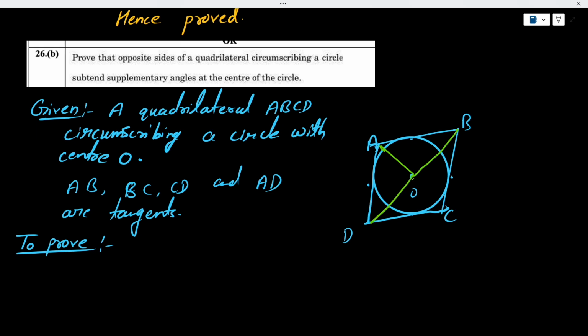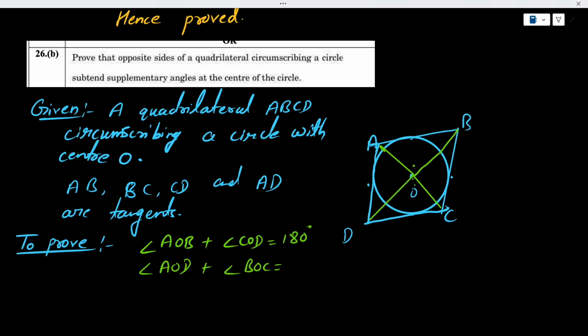Similarly, O to D if I take it here, and O to C if I take it right here. So this angle and this angle sum, angle AOB plus angle COD. Supplementary means the sum is 180 degree. And similarly, angle AOD plus angle BOC is the other pair of supplementary angles. We need to prove this.